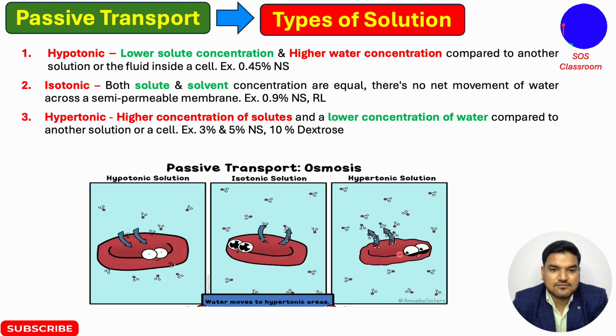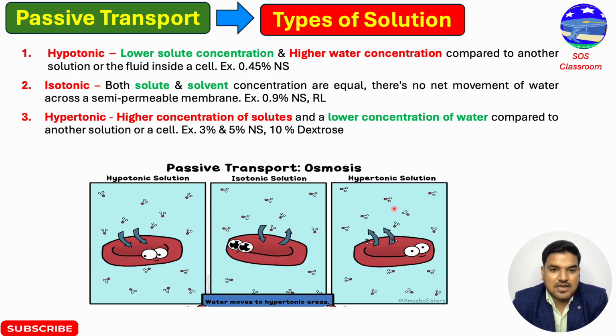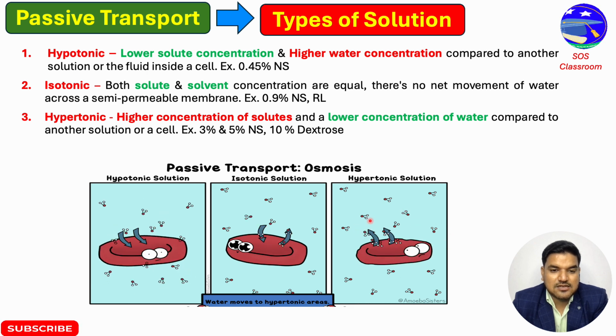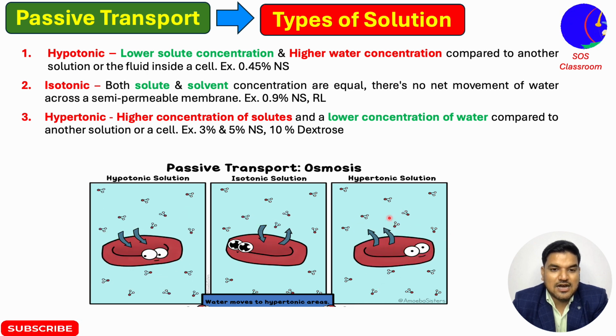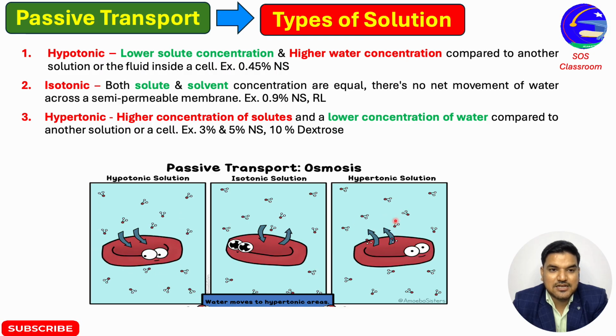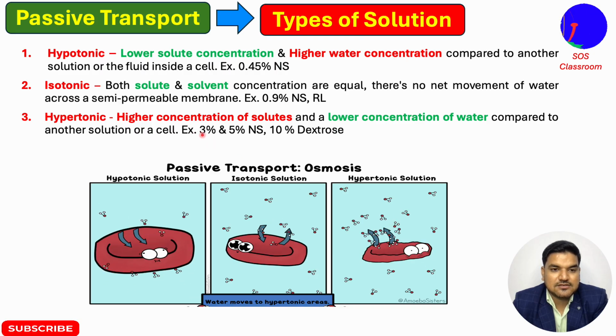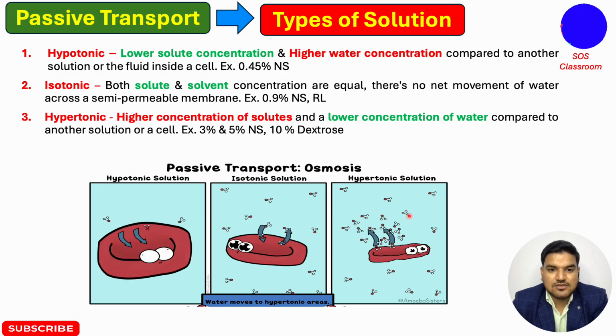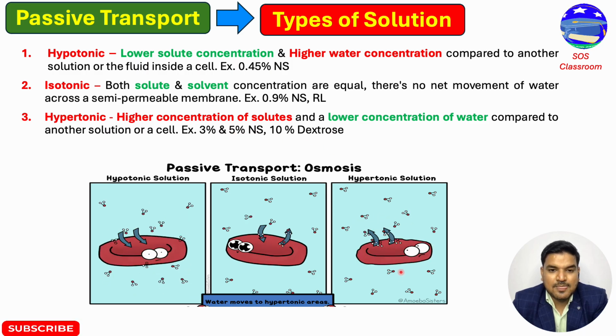You can see this is the cell and this is the extracellular fluid, and the extracellular fluid has higher concentration. The higher concentration fluid present is 3% NS, it may be 5% NS or dextrose solution. So this is the dextrose solution.